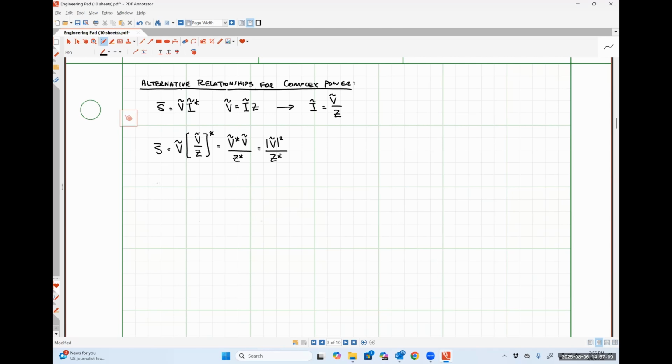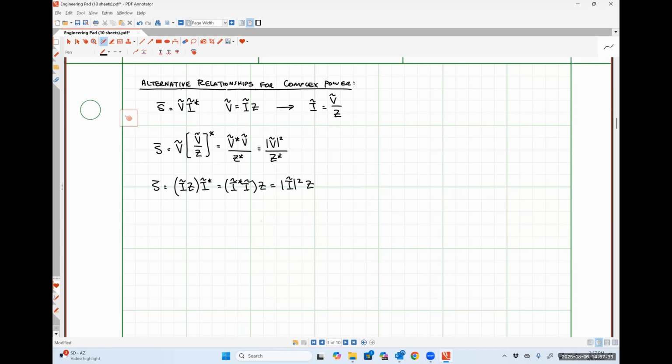Following a similar thing here, I could say that V is equal to I times Z. Multiplying this by I conjugate gives me I conjugate times I times Z, which is just the magnitude of our current squared multiplied by our impedance.